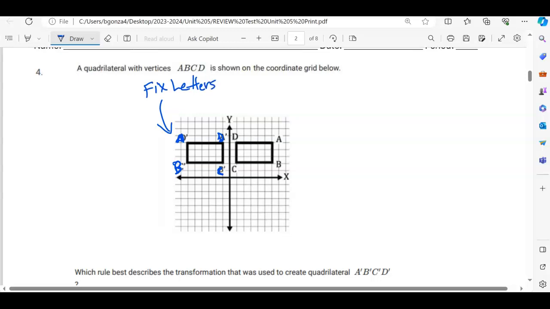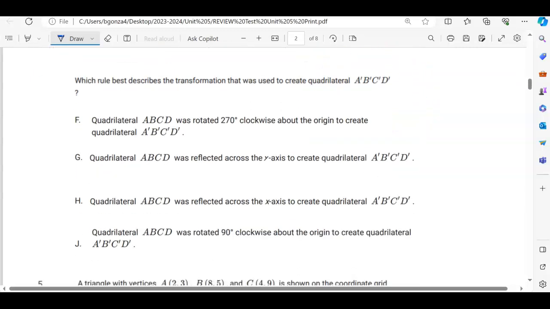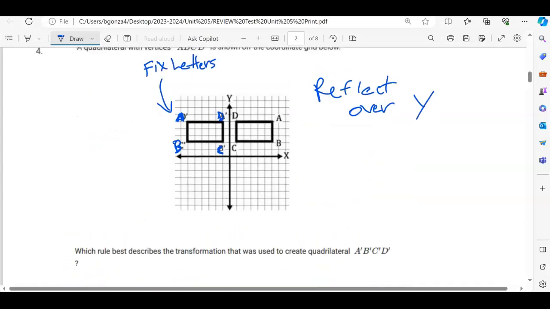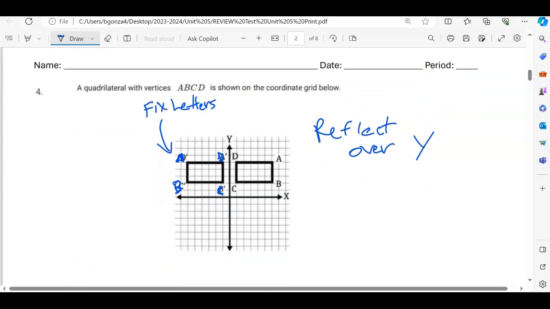Sorry. So it's supposed to be letters like this because it's supposed to flip across this y-axis. So that answer would be G. Okay. It doesn't rotate. It doesn't reflect over x. Now the way the letters were originally, it's just a shift, but that's not one of our choices because I meant for this to be a reflection answer, and the letters were just messed up. So sorry. Oops.